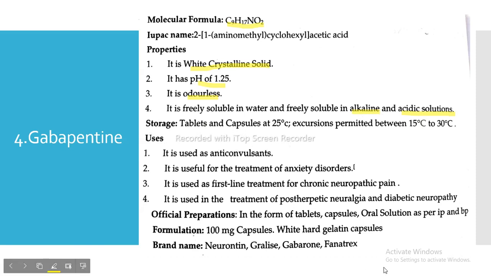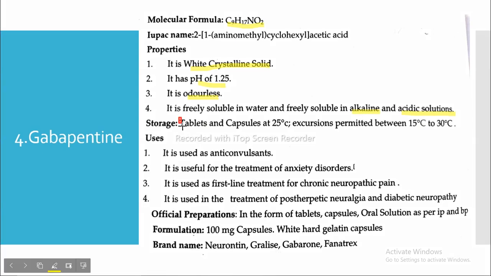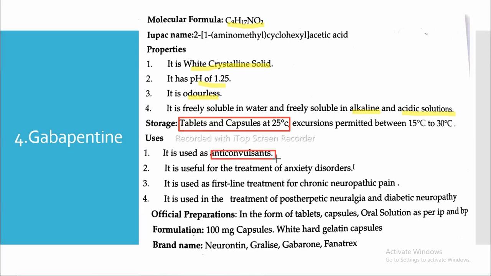The storage of the tablet and capsule will be at 25 degrees Celsius. 25 degrees Celsius. Next, it is used as an anticonvulsant. Next, it is used to treat anxiety disorder. Next, it is used to treat chronic neuropathic pain. Next, it is used in the treatment of postherpetic neuralgia and diabetic neuropathy.